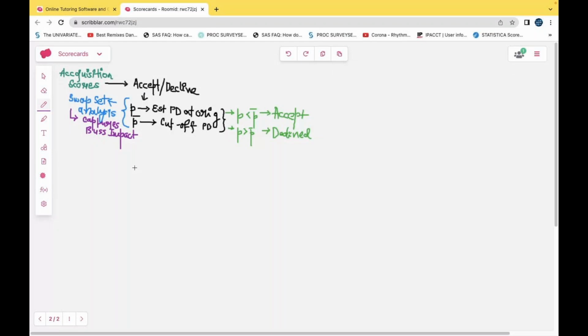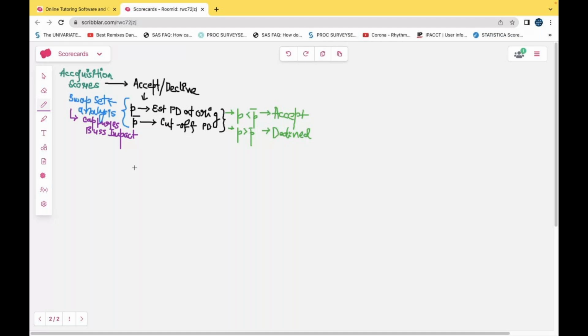So if I have built a new acquisition model and I'm taking my risk management decisions aligned to this, then it's called the swap set analysis. It's very important that the business impact should be assessed, and the approach through which it is done is known as the swap set analysis.